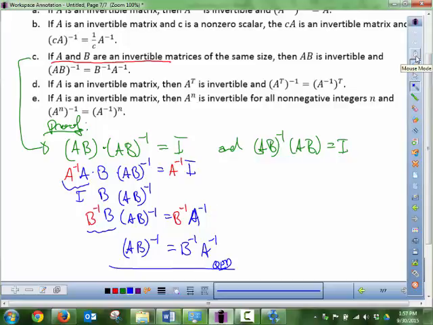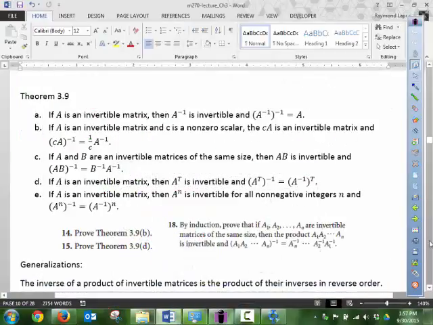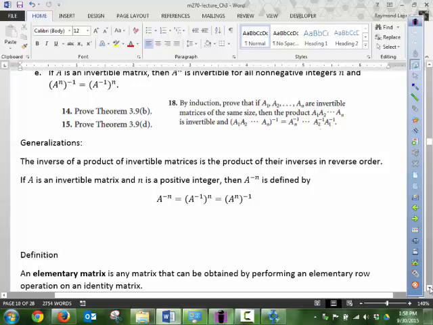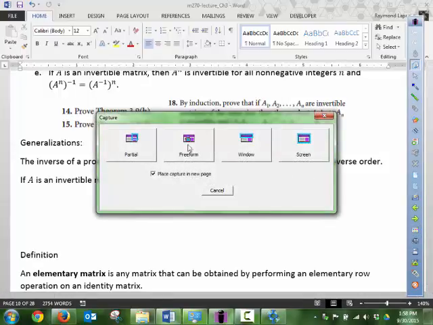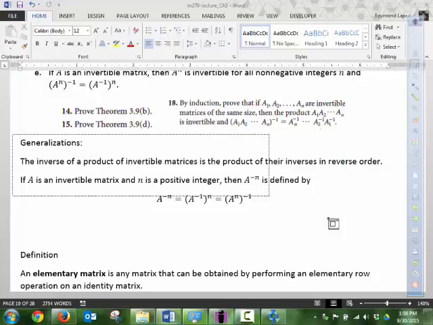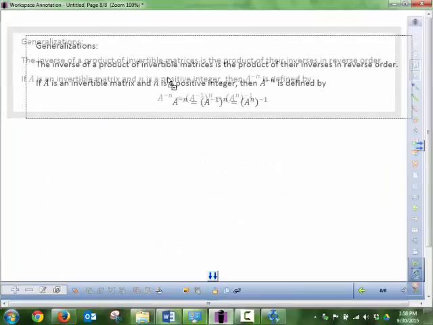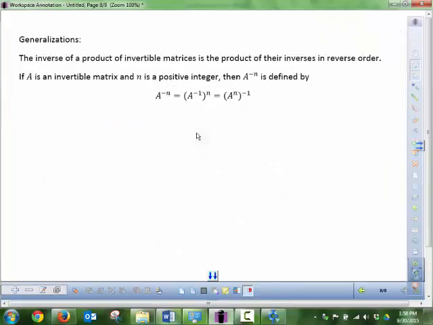I'm just going to put one more piece of information in our notes. The inverse of a product of invertible matrices is the product of their inverses in reverse order.